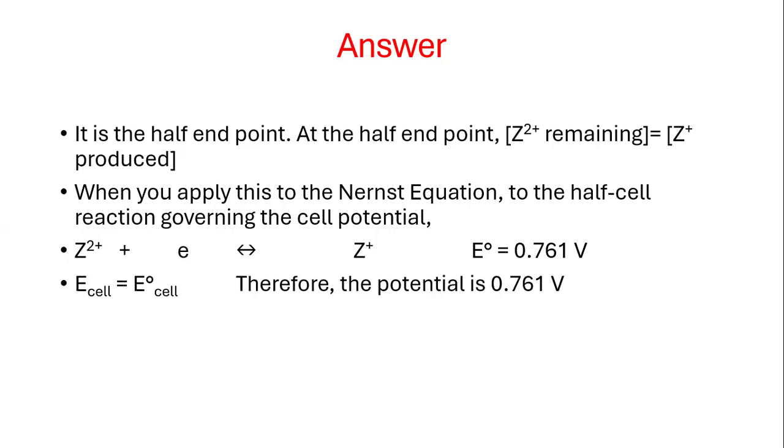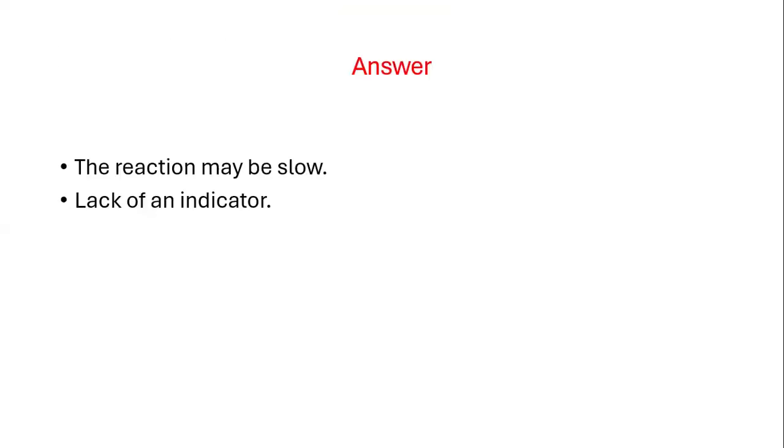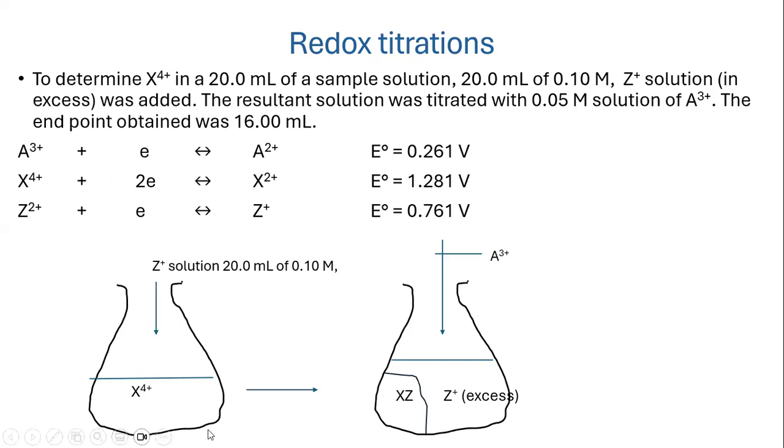At the half endpoint, concentration of reactants is equal to concentration of the product. Right? That is concentration of Z2 plus, that is your analyte. Now, before the titration, what do you have? Do you have X there? Let's look at this. Before the titration, do you have X? No, madam, only Z. Okay, Z plus is there.